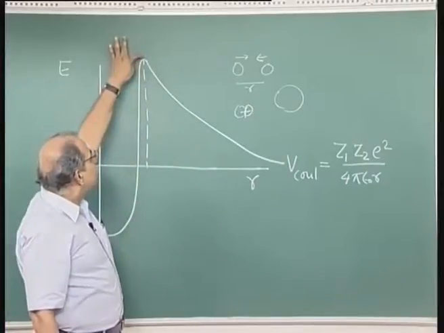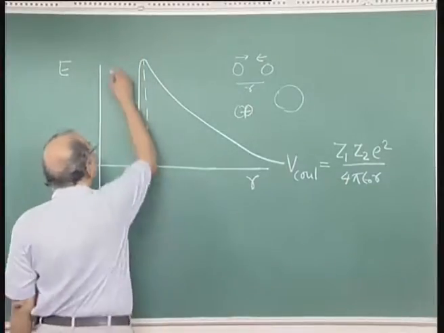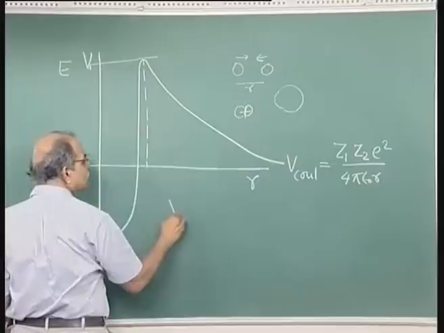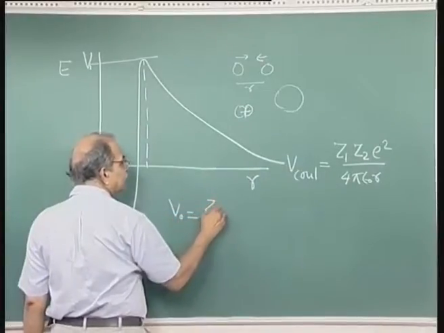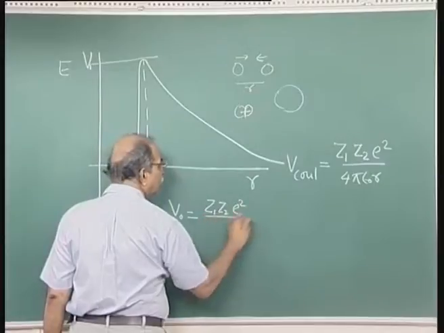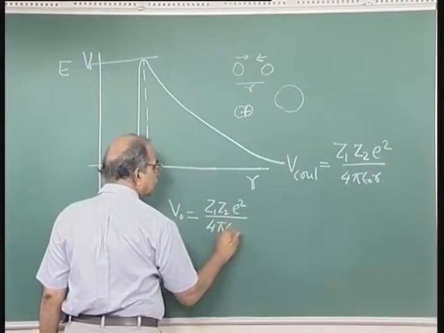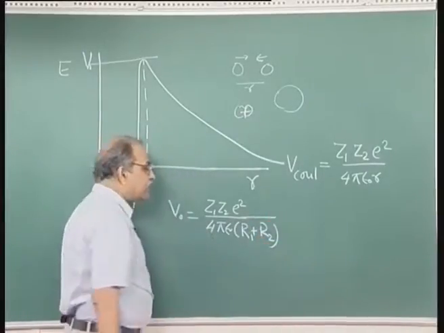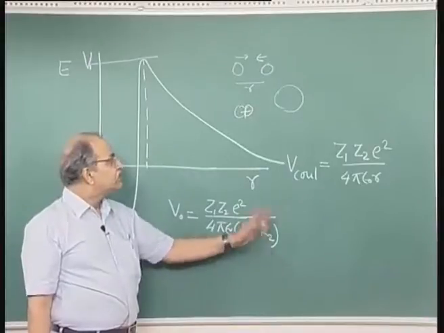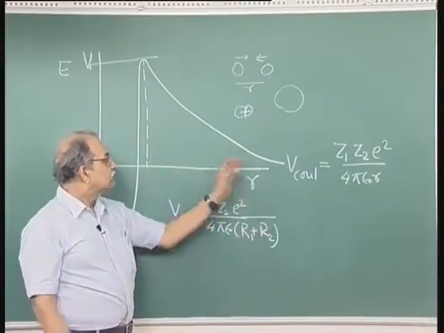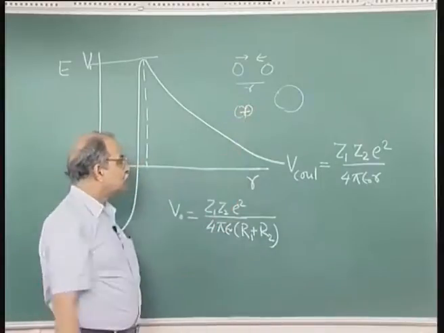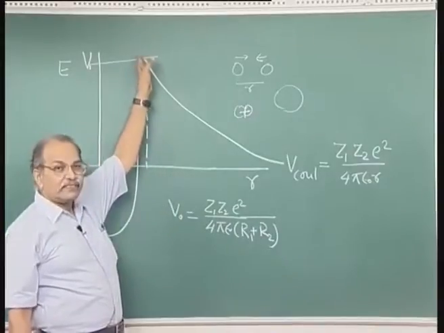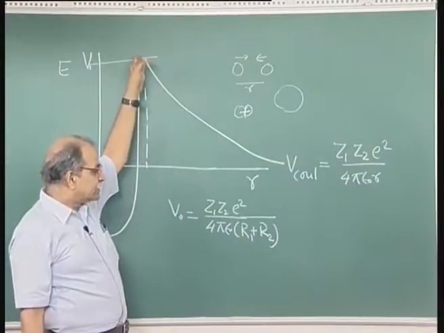So, the maximum corresponds to the barrier height, this V naught, which will be Z1 Z2 e square over 4 pi epsilon naught times R1 plus R2, the radii of the two nuclei which are trying to combine. So, when r is equal to R1 plus R2, we take that as the maximum potential energy. That is the barrier height.